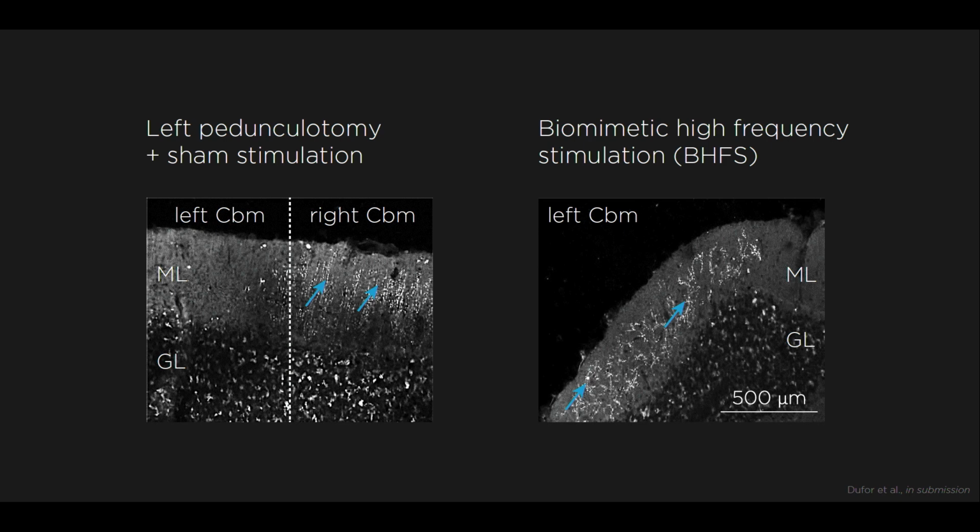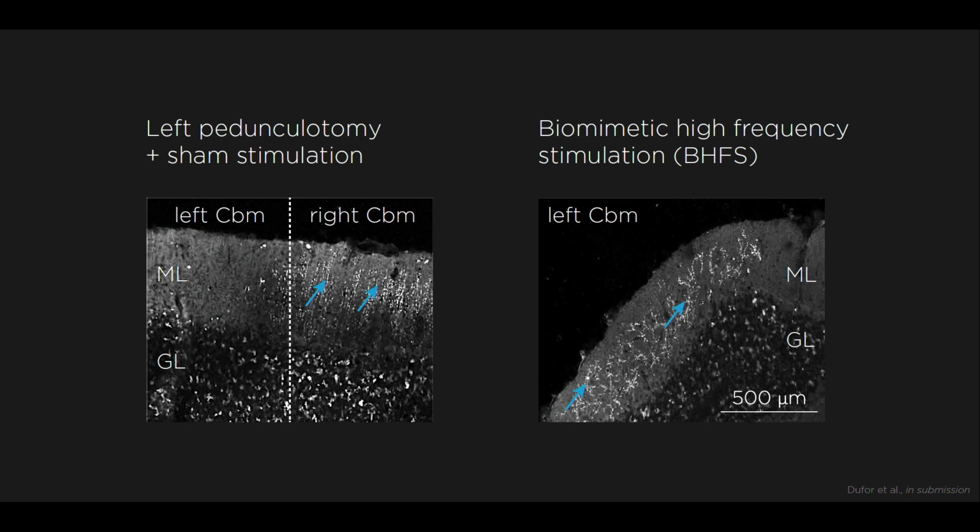And so you can see here on the left side, showing left and right cerebellum, and on the left hemisphere, because the innervations have been cut off, you don't see these white stripes, which are the climbing fibers of the axons connecting the olive and the cerebellum. And this is intact on the right hemisphere because the surgery was only performed unilaterally.